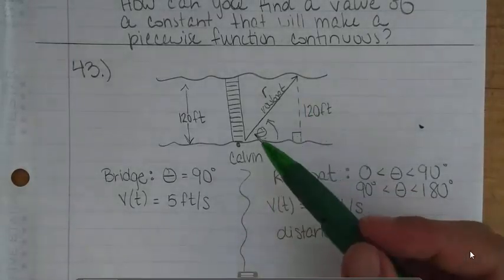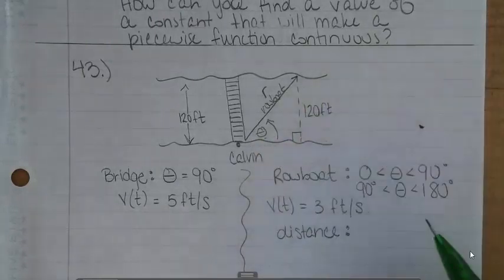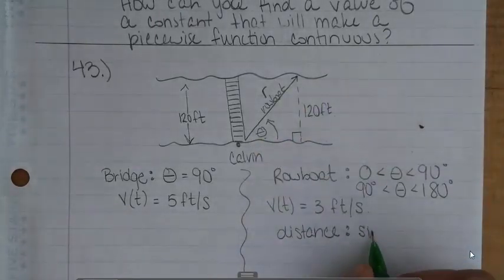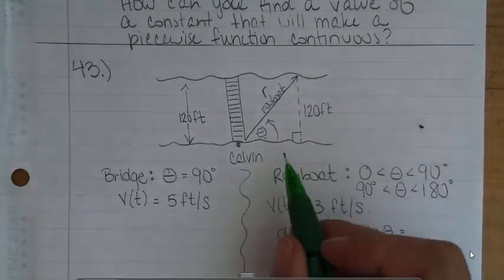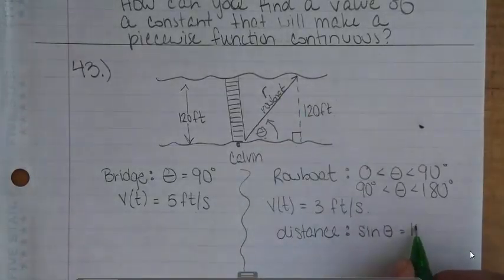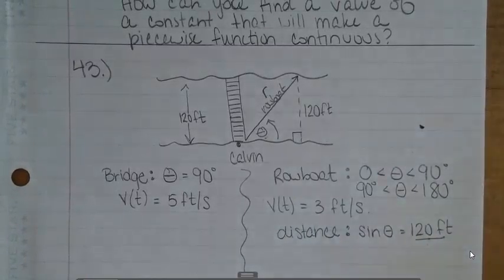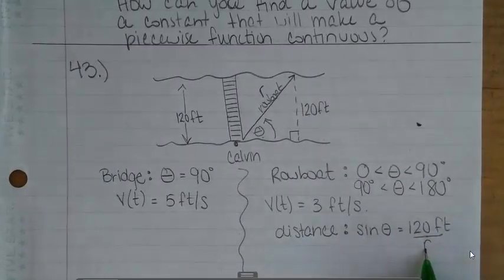Sine of theta is my opposite over my hypotenuse, which is 120 feet over R. If I want to solve for R, I can cross multiply and then divide by sine theta.